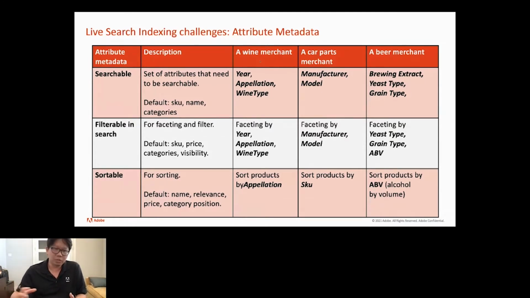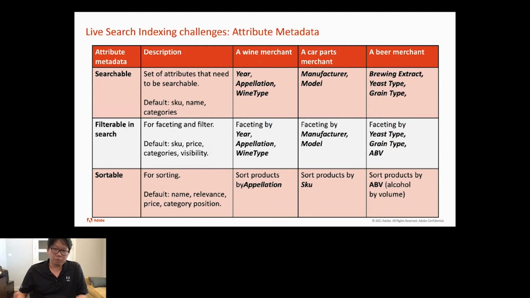Filterable attributes, which is for faceting here, are also different from one merchant to another. Sortable, same thing. Although LiveSearch provides a default to sort by name, relevance, price, which are very common in e-commerce, certain merchants may want to sort by a different attribute. Like a wine merchant may want to sort by appellation, while a car parts merchant may want to sort by SKU.